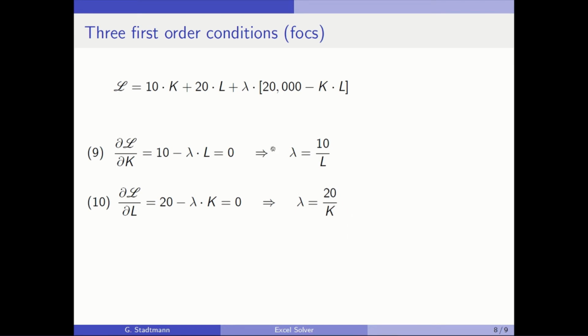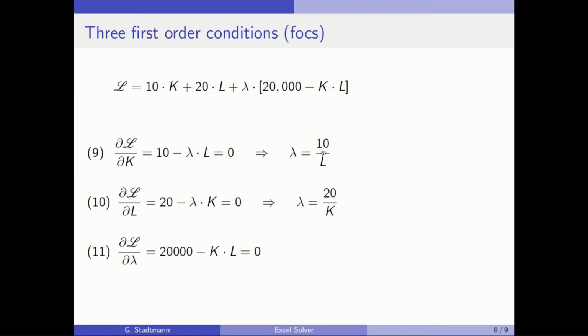In the next step, we differentiate with respect to lambda, and then we get once more the side constraint. So when we differentiate the Lagrange function with respect to lambda, we get the side constraint that we should produce 20,000 cars.